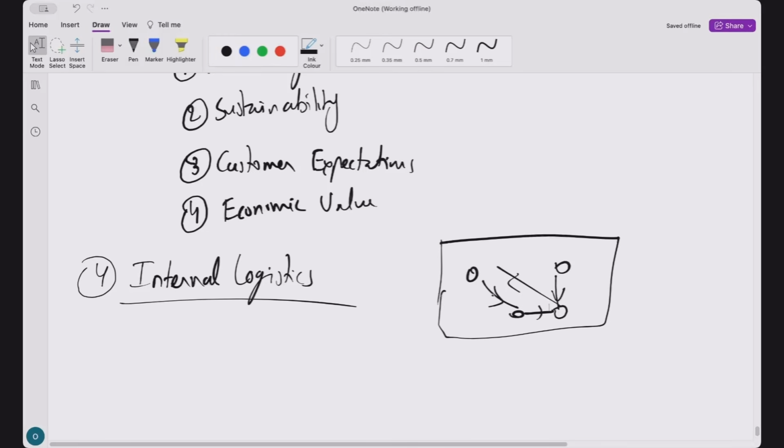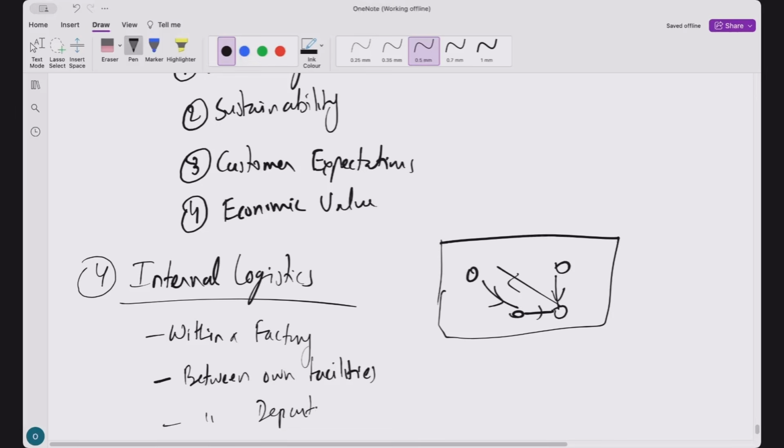So movement and management of materials within your own facilities or between your own locations is covered under internal logistics. So it can be within a factory, then between own facilities, or it may be between departments.